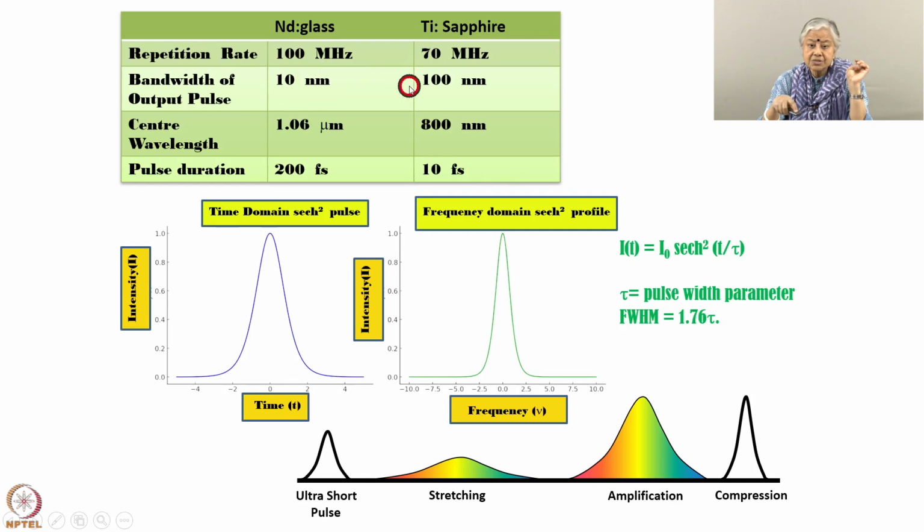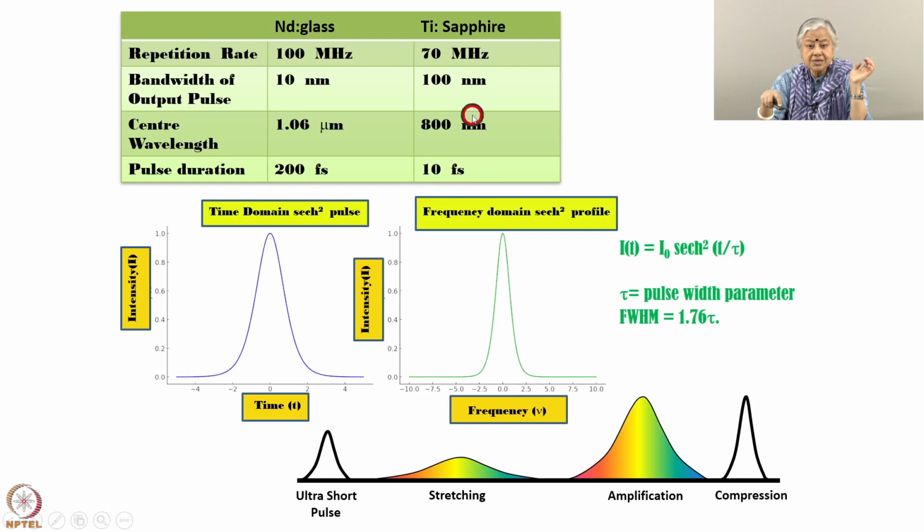Similarly, for titanium sapphire, though you have started off with a much higher spectral bandwidth, you do get somewhere around 100 nanometer. This corresponds to a pulse duration of 200 femtoseconds in the case of ND glass, while in the case of titanium sapphire it corresponds to a pulse length of 10 femtosecond.